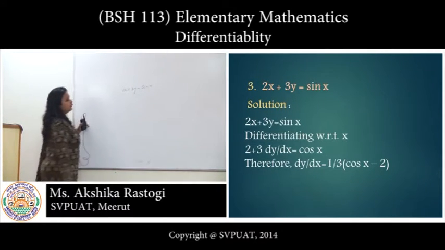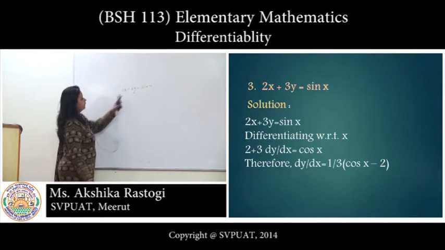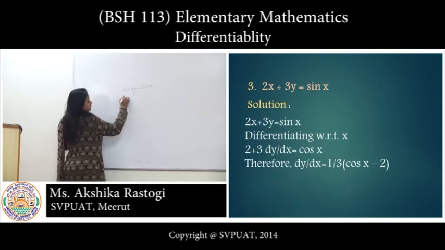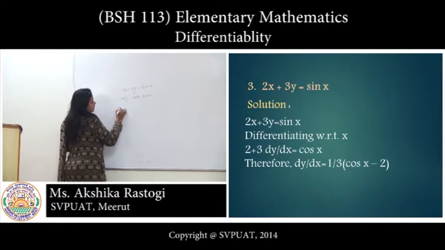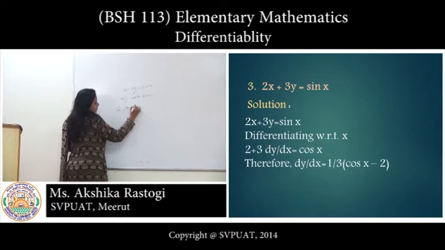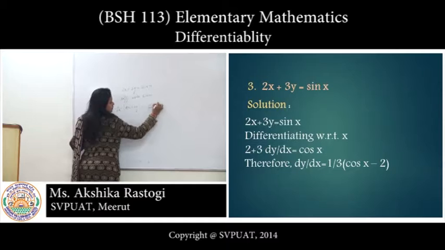Before solving, the rule is that if we want to differentiate, we differentiate both sides, and we have to find the value of dy by dx. So differentiating both sides, d over dx of (2x plus 3y) equals d over dx of sin x.